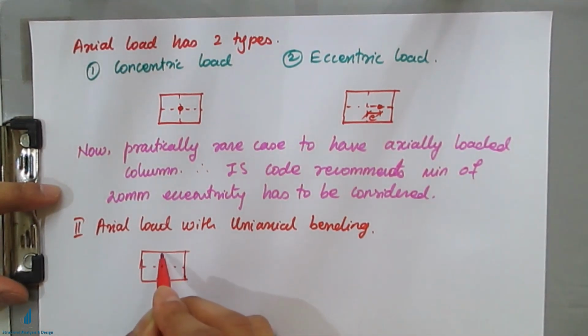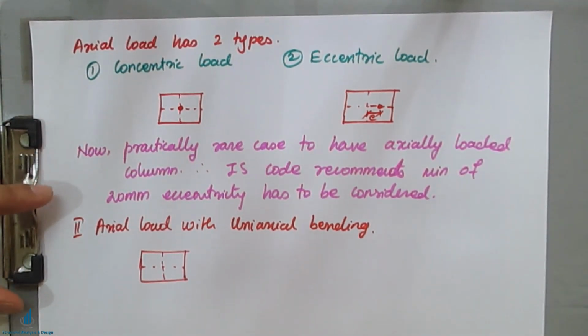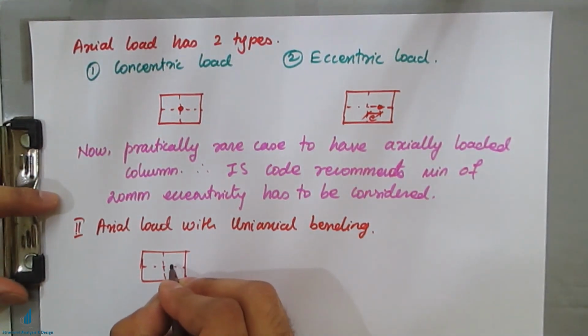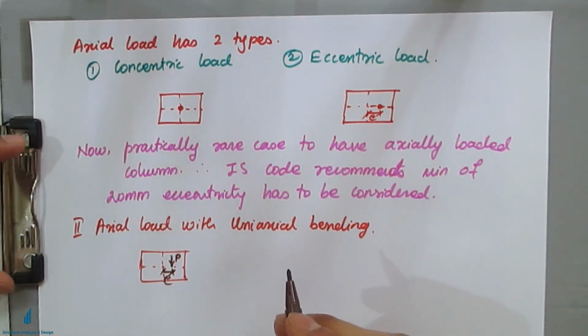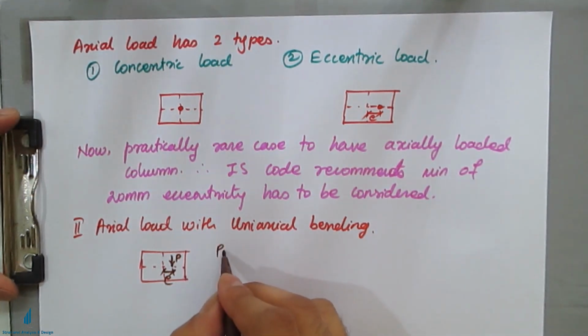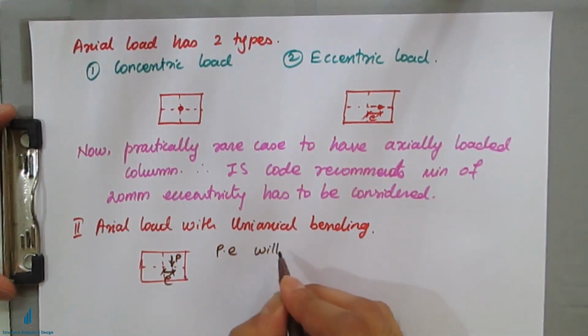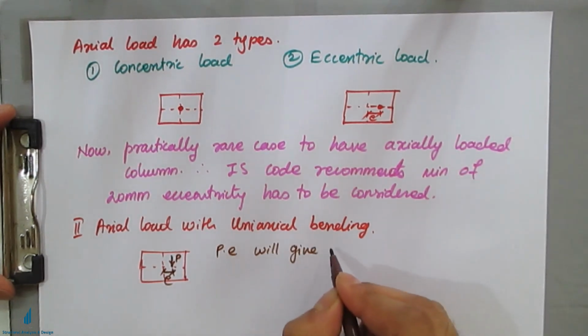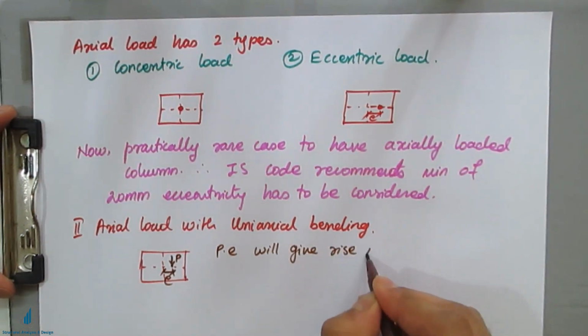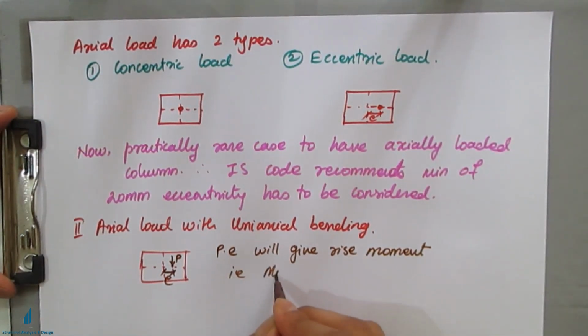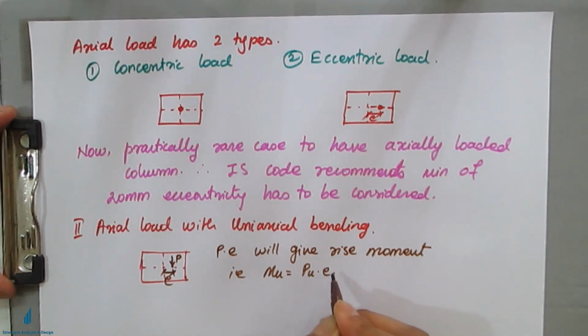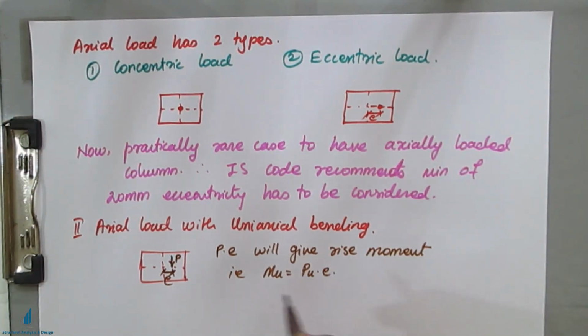These are the axes, and this is your load P. So this creates an eccentricity E, and this P and E will give rise to moment, that is Mu equals Pu into E. U means I have taken this as the ultimate moment.